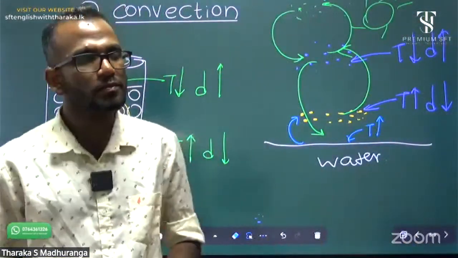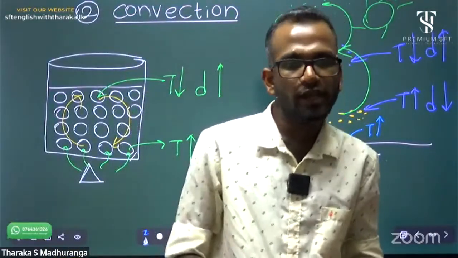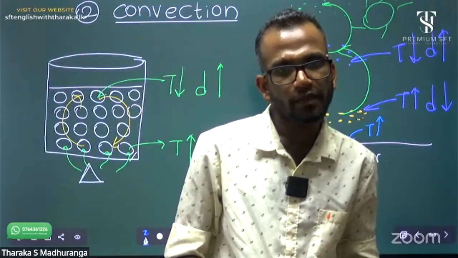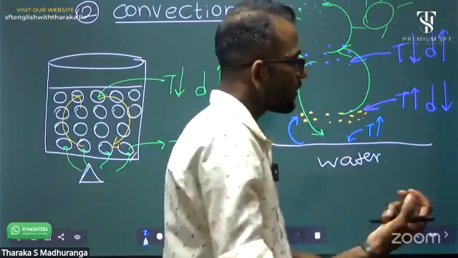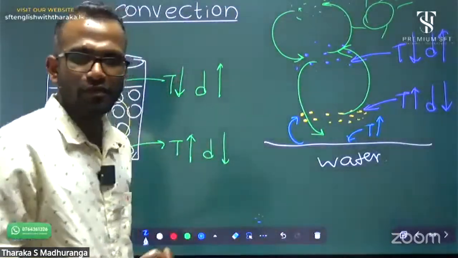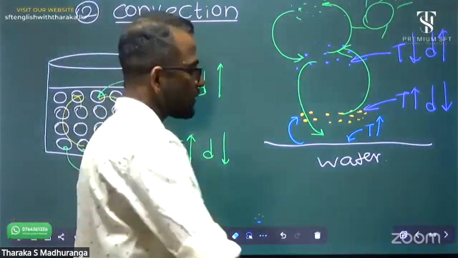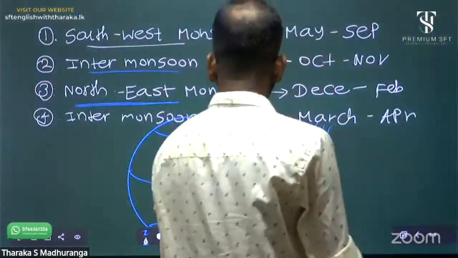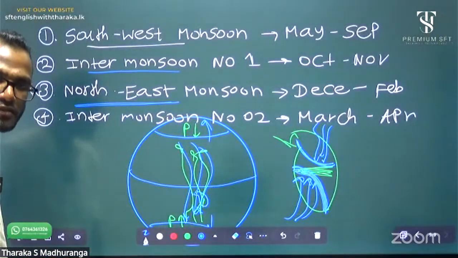Do you know what happens when there is a low pressure in the Bay of Bengal? Due to the formation of low pressure, we call it a hurricane forming. Right? This is how a hurricane forms. Now this is a normal condition.